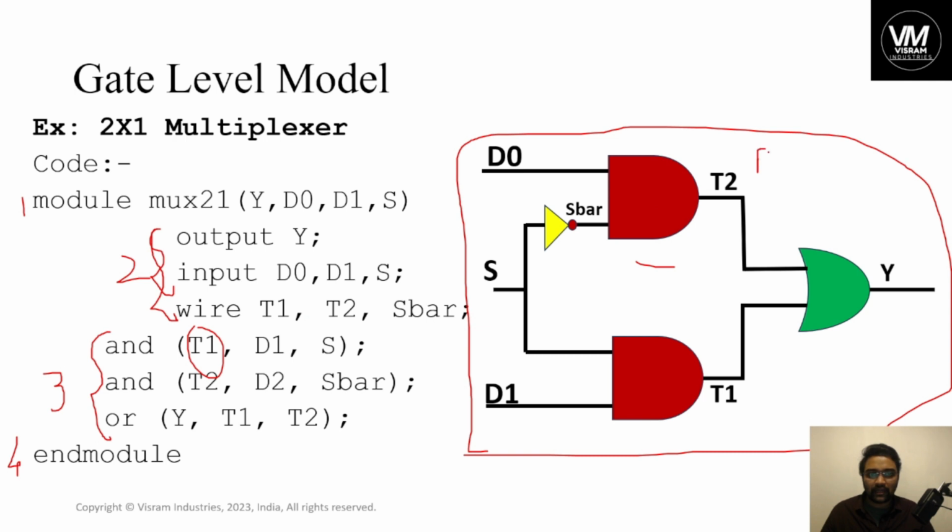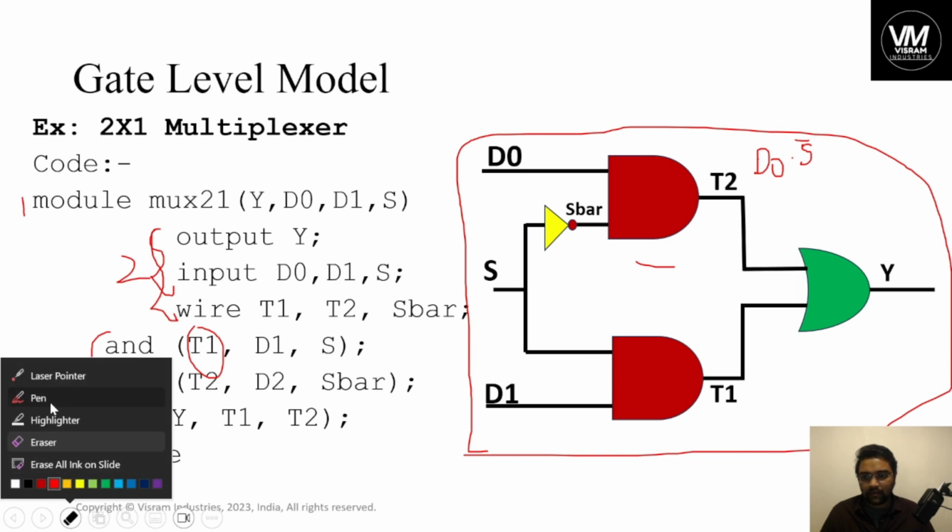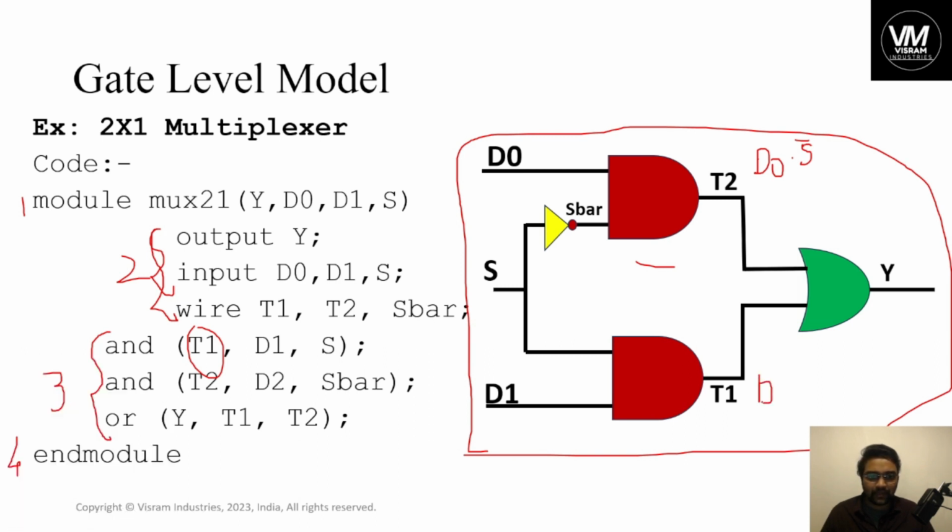Now here it is D0 dot S bar, and here it is D1 dot S. I have written it very badly. Now it is written as D1 and S. Now what is it? D1 and S are multiplied, and these two are added now at the output of Y.